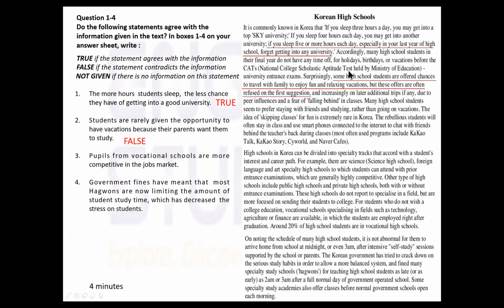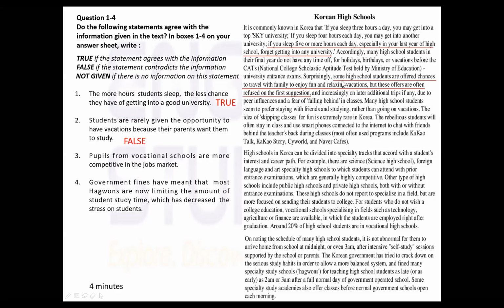You spotted the right, the correct sentences in the text. Surprisingly, some high school students are offered chance, so they are offered chance by their family or their parents, but the offers are often refused on the first suggestion. So this statement for number 2, students are rarely given the opportunity. Rarely, it's contradict with this.